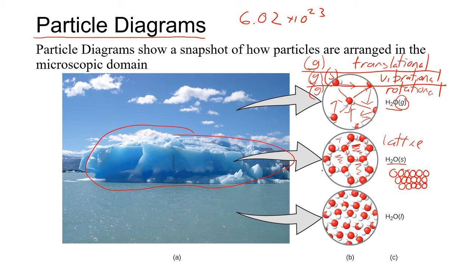There we go. Now liquids, those are going to move translationally. They're basically going to do the same thing the gases do. They're going to move translationally, so they're going to move past each other, side to side, up, down, left, right, those types of motions. They're going to move vibrationally. They're going to vibrate slightly, and they're going to rotate as well in many cases too.